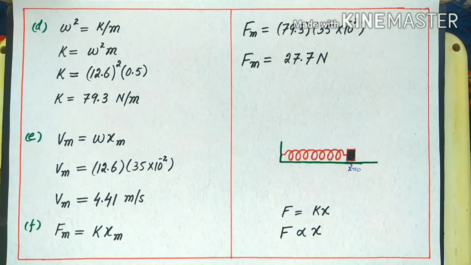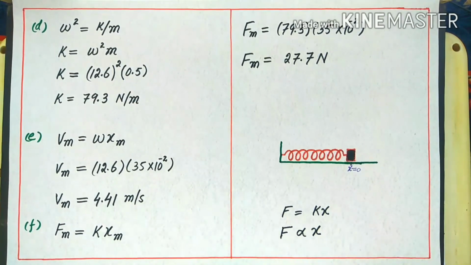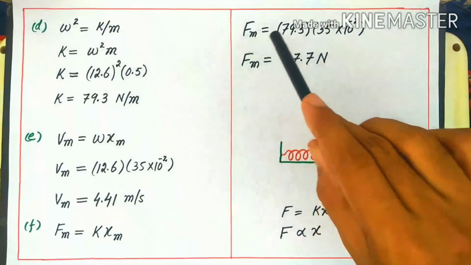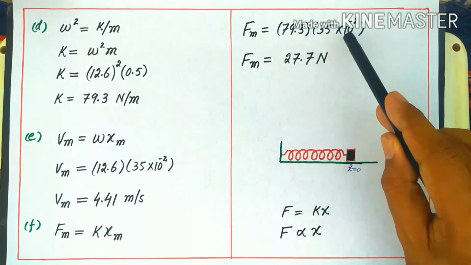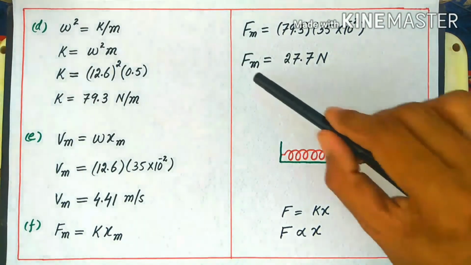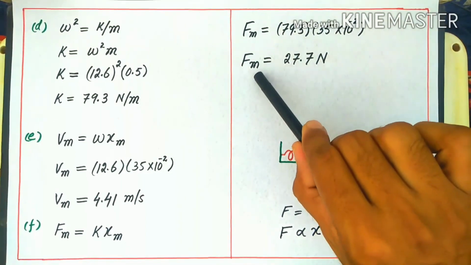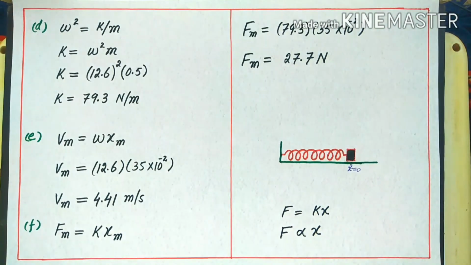And at maximum displacement, which is called amplitude, the force exerted on the block from the spring will be maximum. So magnitude of maximum force is equal to k x_m. By putting the values, F_m is equal to 79.3 multiplied by 35 multiplied by 10 raised to the power minus 2. After calculation, magnitude of the maximum force on the block from the spring is equal to 27.7 Newton.